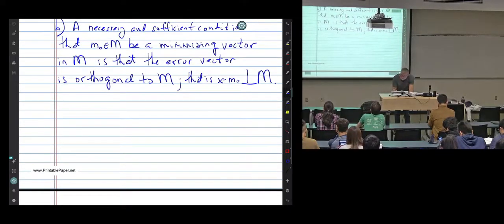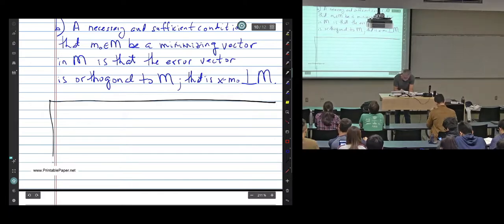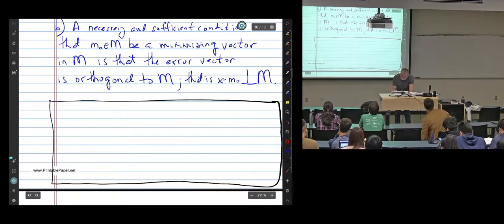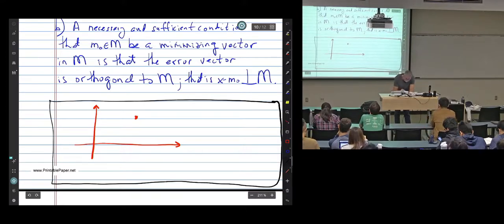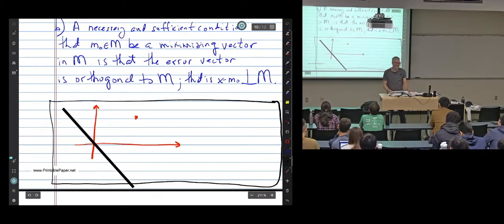Quick picture on the importance of the 2 norm here. Okay, so here's some axes. Here's a point. That's a subspace, man, okay?